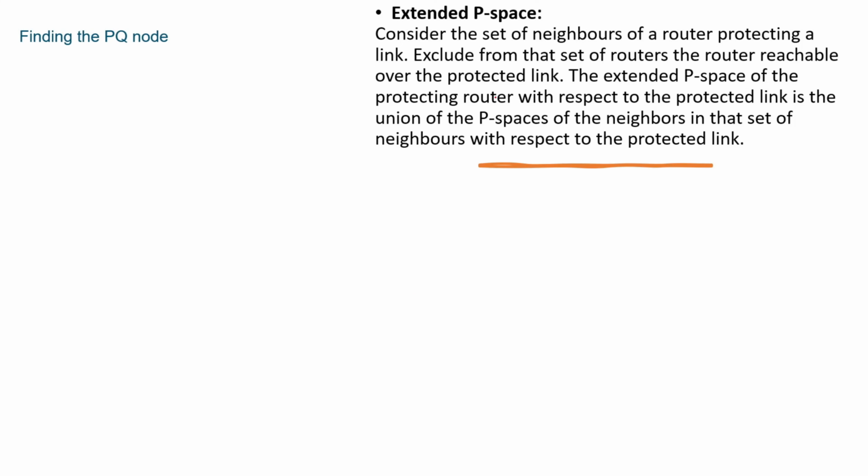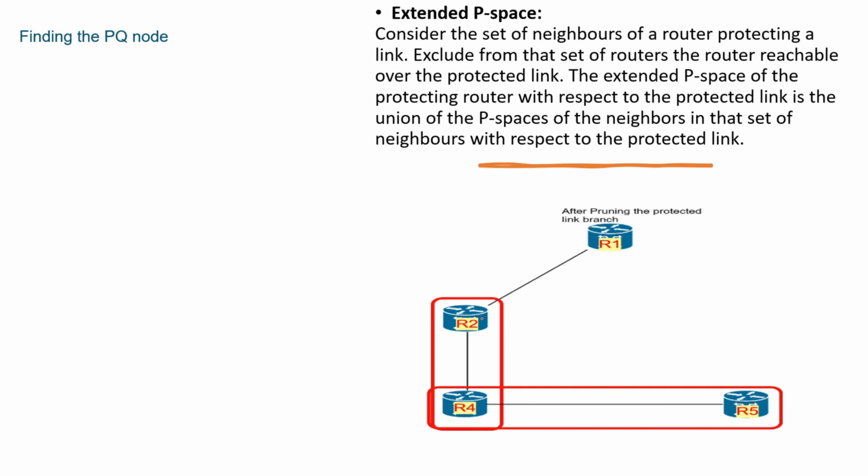What is the extended P space? It is on behalf of the immediate neighbor, where it can reach the routers without going over the protected link. So in this case, R5 becomes the extended P space for R1.